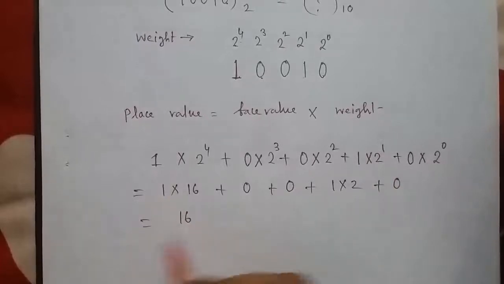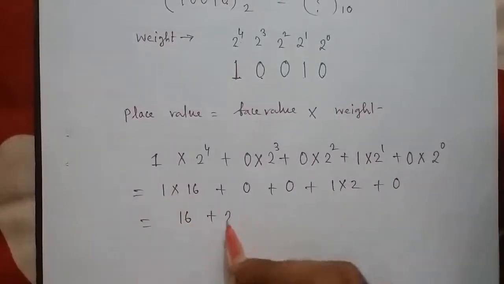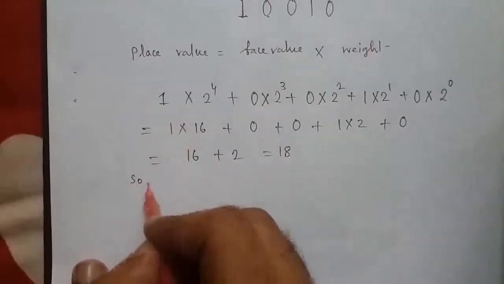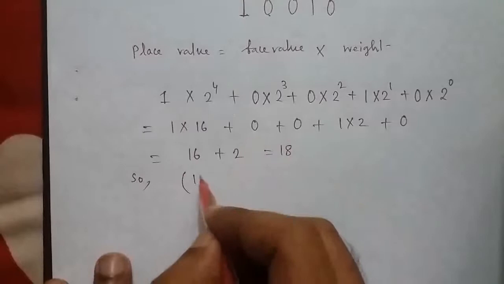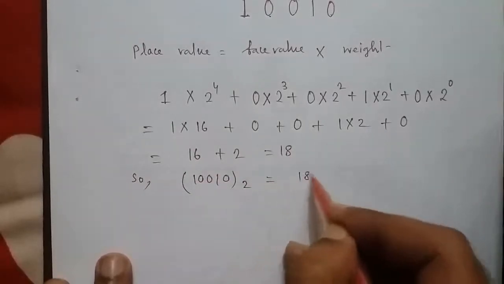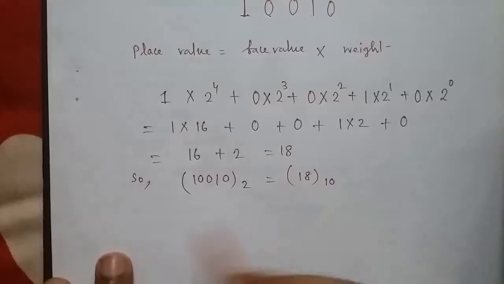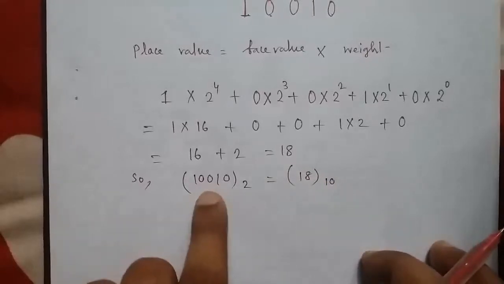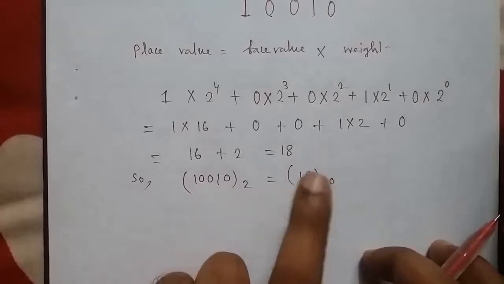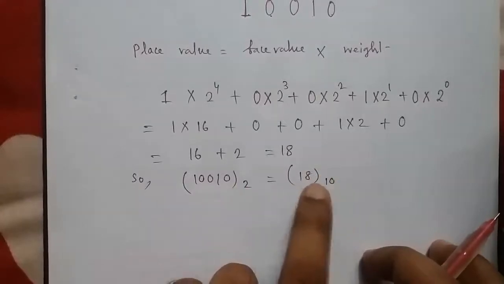So 16 plus 2 means 18. So we will write 10010 base 2 equals 18 base 10. So the binary number 10010 is equivalent to the decimal number 18.